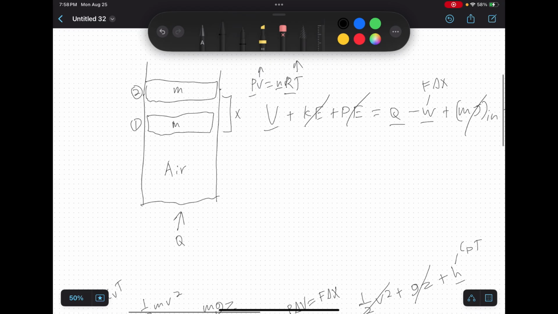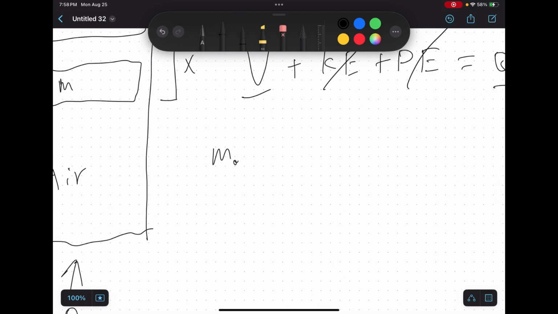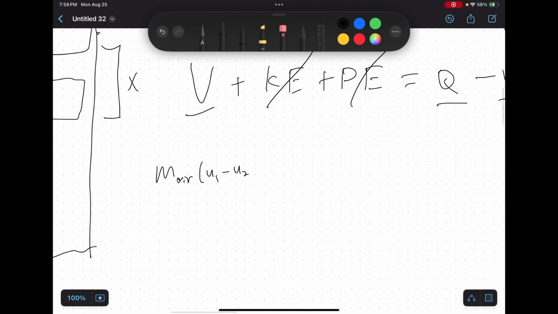So for U, we could do m of air times U1 minus U2. Is that it, or do I do U2 minus U1? I think I do 2 minus 1, actually.